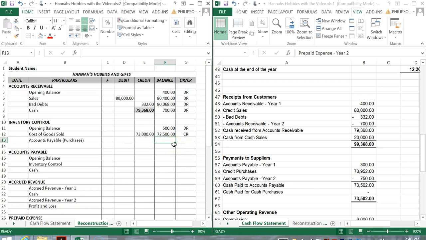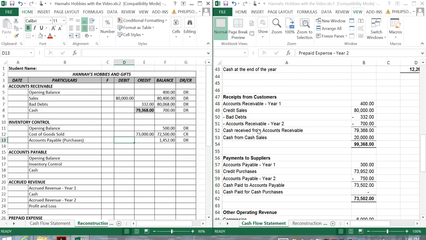Then our closing inventory balance is 1452, goes in here, and it's 1452 debit being an asset. So we're going to swing from 72,500 credit to 1452 debit. Obviously we need quite a large debit amount to affect that change.